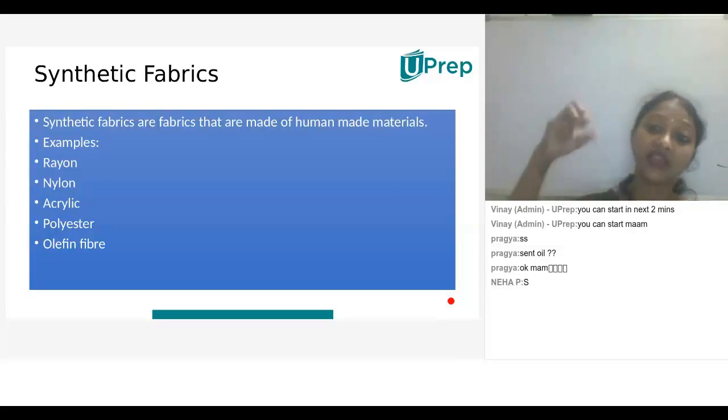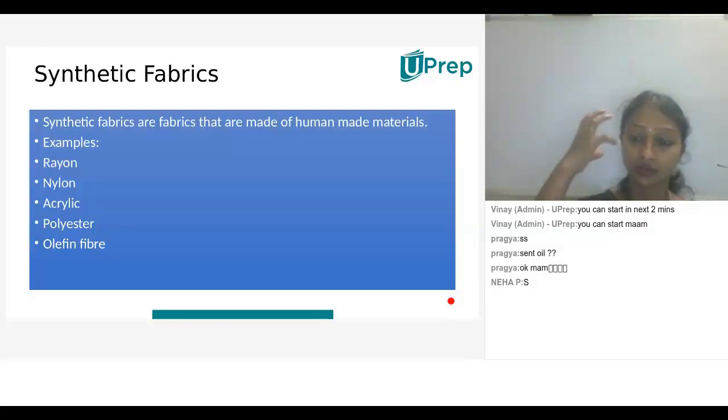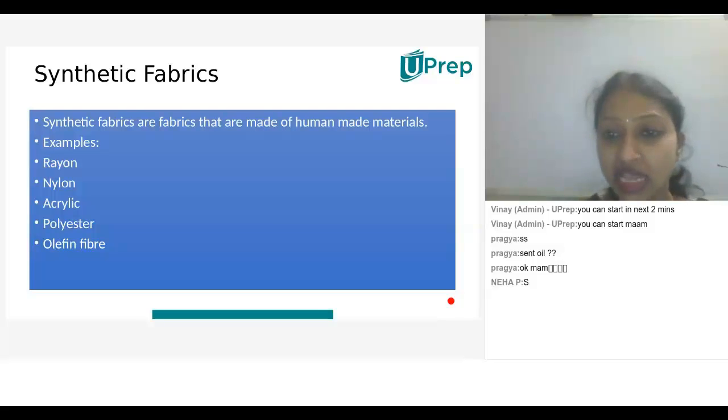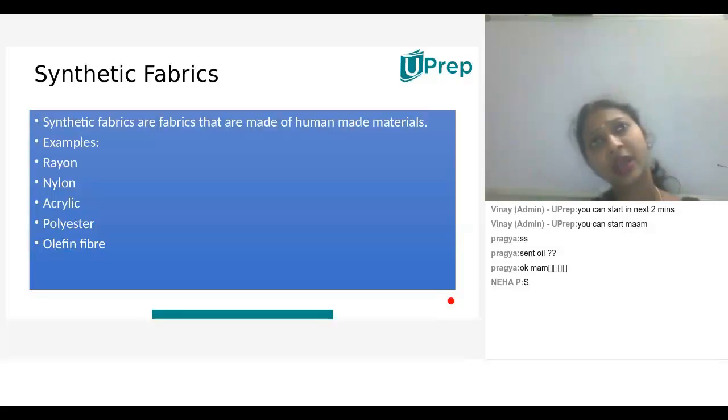If the thread can bear a heavy load, it means the fabric has high tensile strength. Understood? Yes, ma'am.